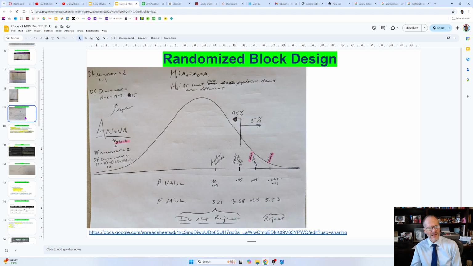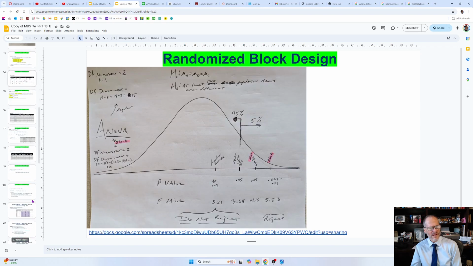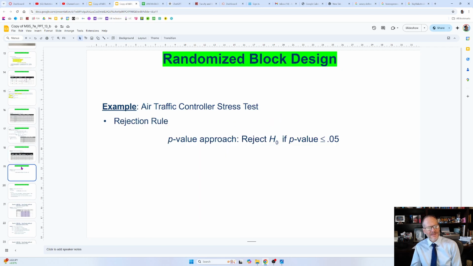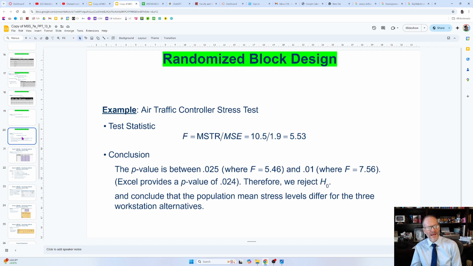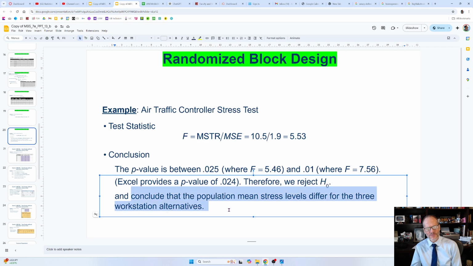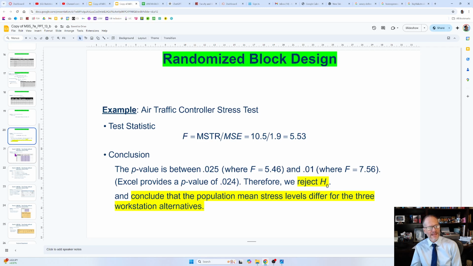So they must have done it right, because I found errors before. Then they have the rejection rule, and conclude that the population mean stress levels differ for the 3 workstation alternatives. So they rejected the null hypothesis. And here's where they say that we reject H0. So we'll highlight that. All right, so that's how they did it.